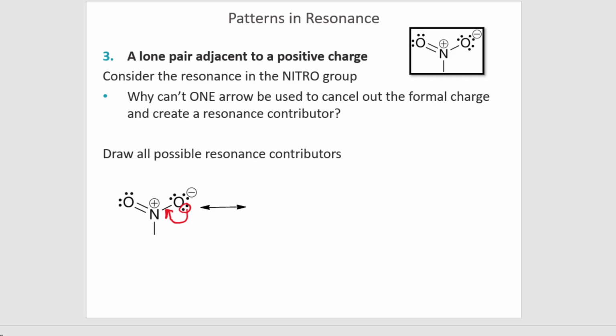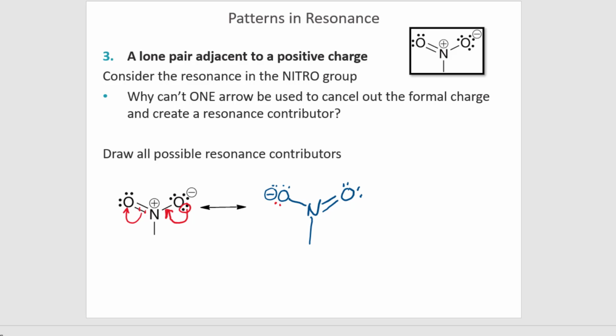So I take the area of more electron density, take those electrons, and push them in to make a new pi bond, but I'm just going to shift over the old pi bond on the other side and dump those onto the oxygen. So this is perfectly fine for a nitrate. New double bond. That lone pair is now on the oxygen.